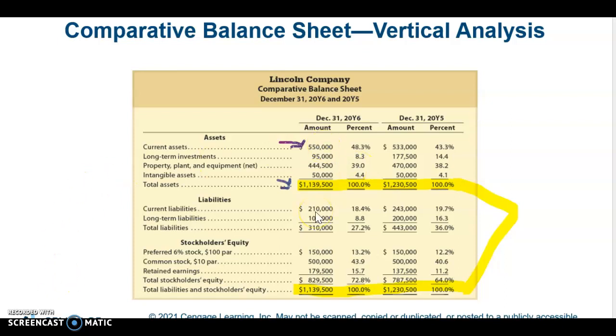Think about a service company, maybe a law firm that provides legal counsel. They probably won't have as big of a percentage for property, plant, and equipment as something like a manufacturing company. They could even rent their building and they wouldn't need a lot of property, plant, and equipment. They would have more expenses such as salaries. So this percentage would be lower for them.